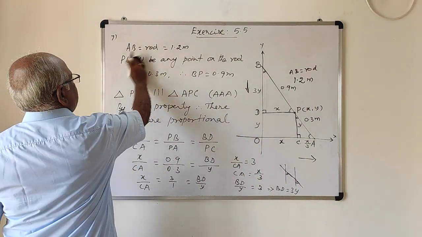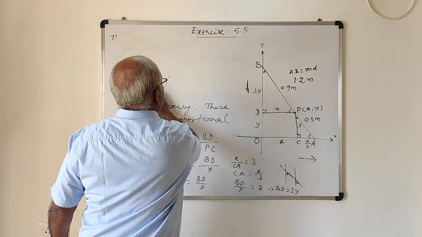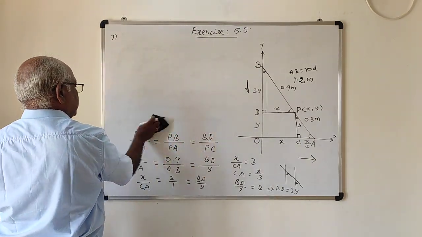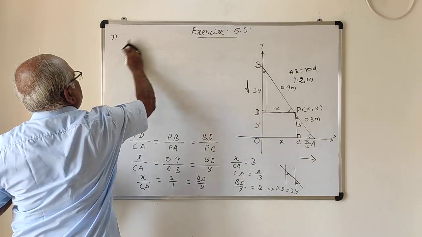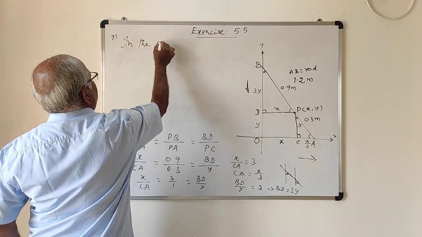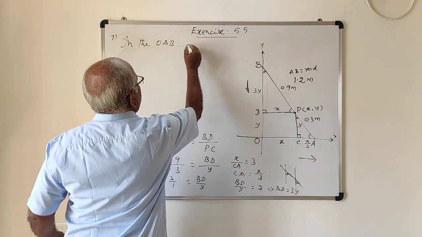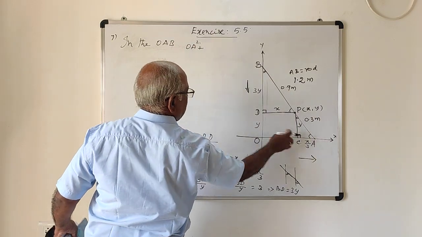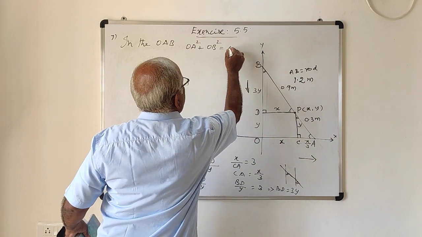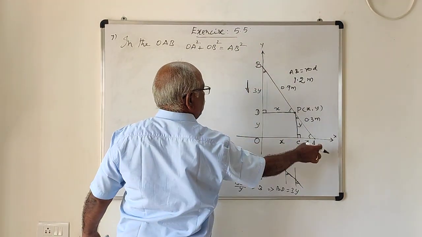Next, in the bigger right angle triangle OAB, OA square plus OB square equals the hypotenuse AB square by Pythagoras theorem.